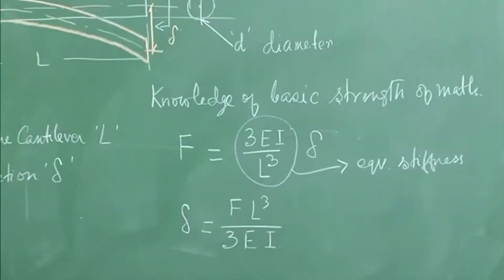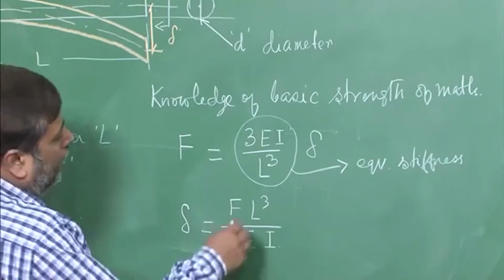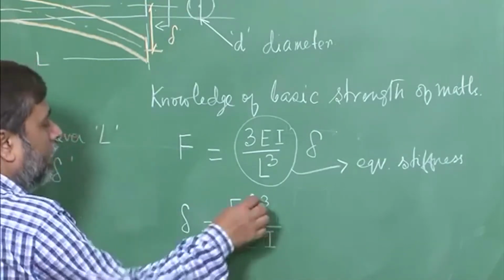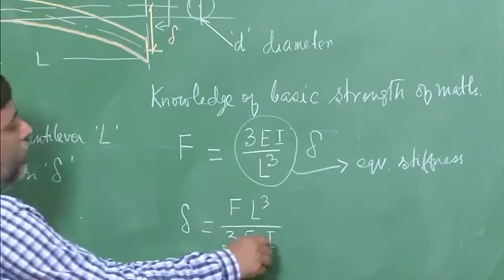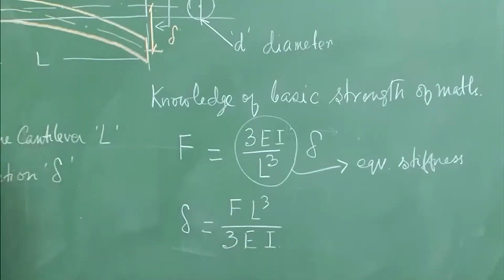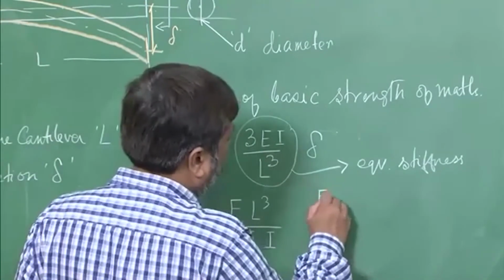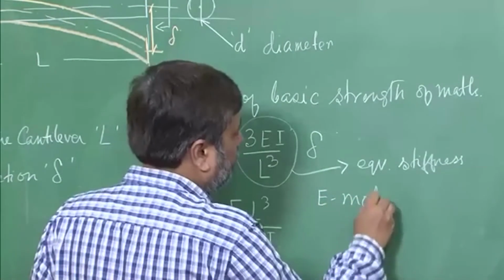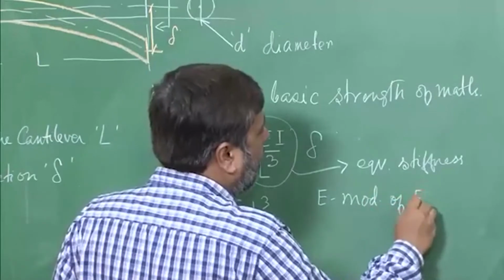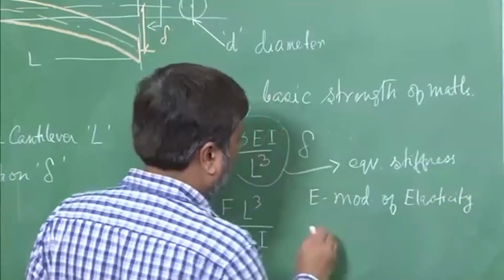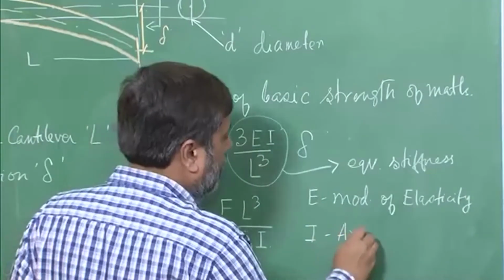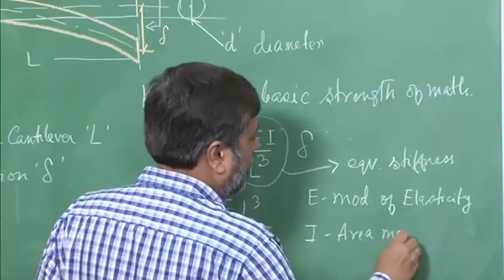Now, in this relationship, we have to keep in mind that you cannot touch F, the force, or L. E you can change, and I you can change, where E is the modulus of elasticity and I is the area moment of inertia.